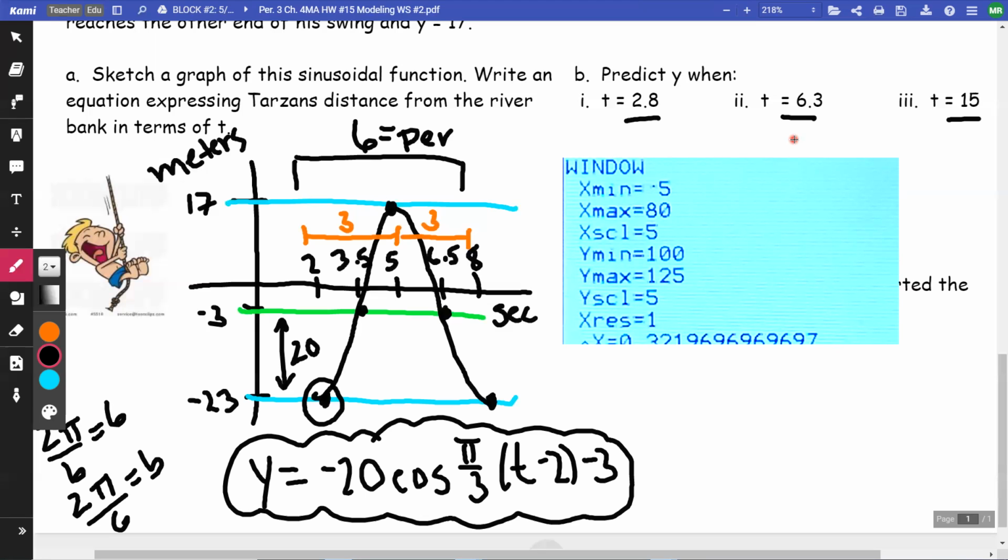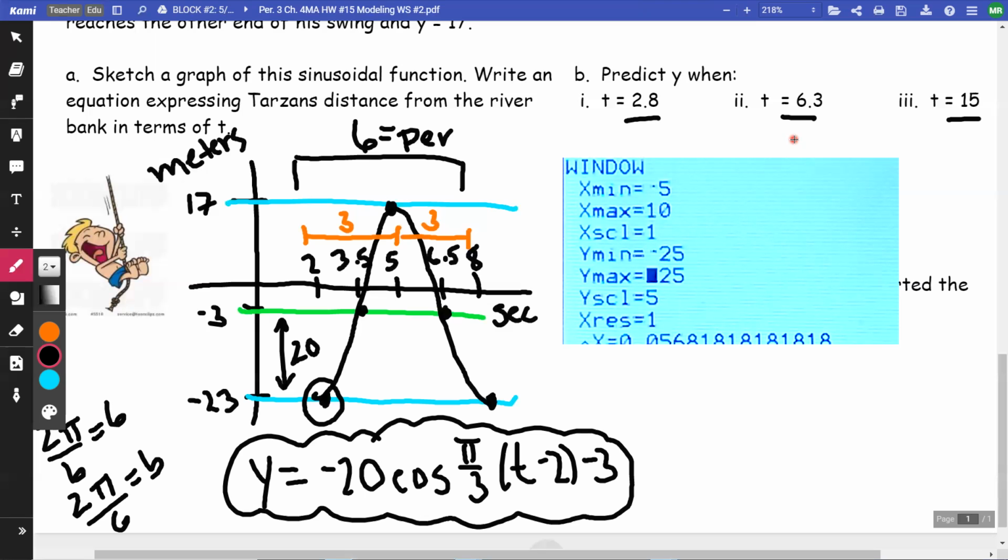For my x's, starting at negative 5 is fine. I like to sometimes start on the other side of the x-axis so I can see where the y-axis is. But we only need to go to 8, so let's say maybe I go to 10 and I'll go by ones. My y minimum, negative 23, so let's go maybe to negative 25, so I'm slightly below that.